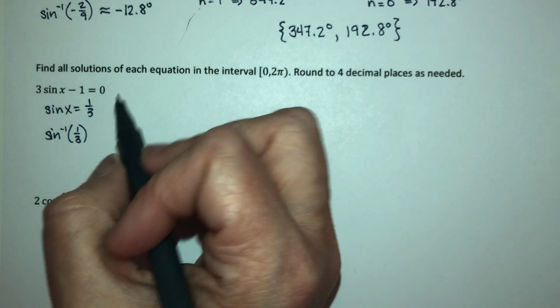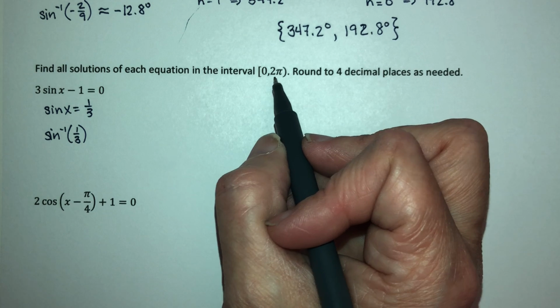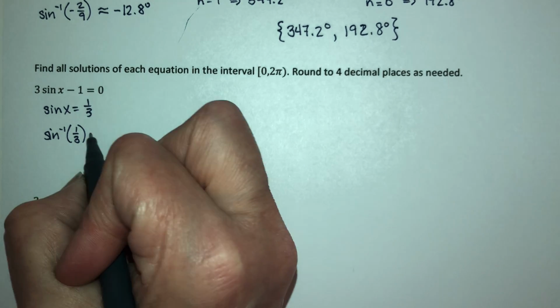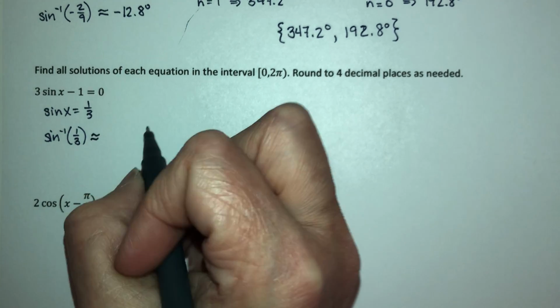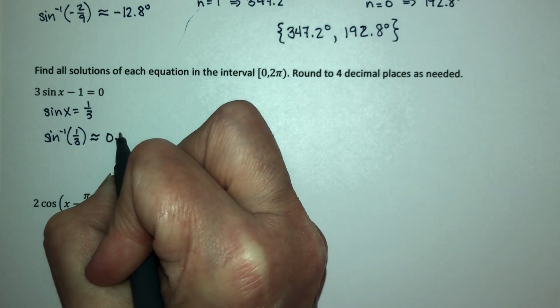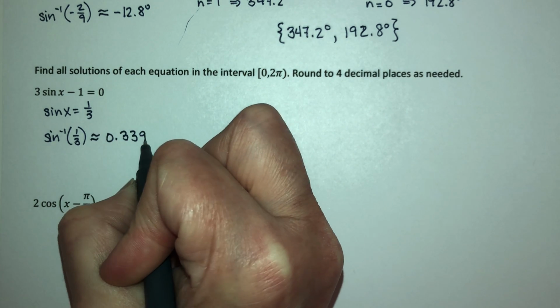Make sure that you are in radians when you use your calculator for this, and you will get that it is approximately 0.3398.